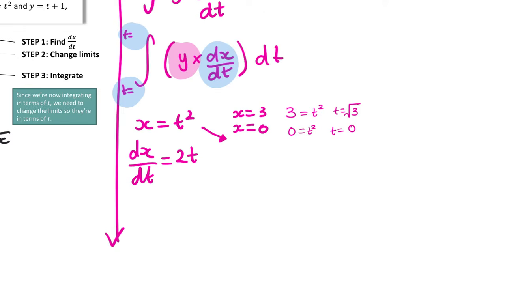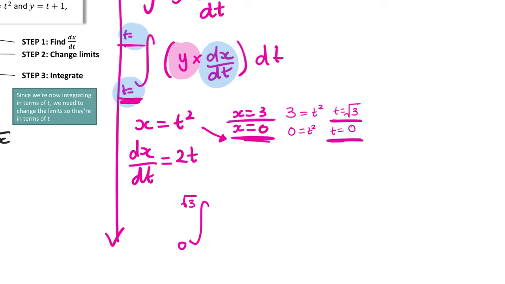So now we need to integrate between our new limits. Now remember, when x equals 3, that was our upper limit, that correlates to t equals root 3. So we need to put this at the top. When x equals 0, that correlated with our bottom limit, so 0 goes here. Okay?